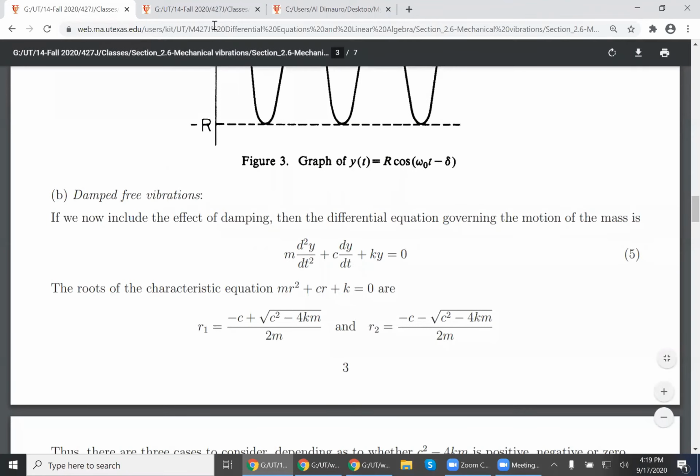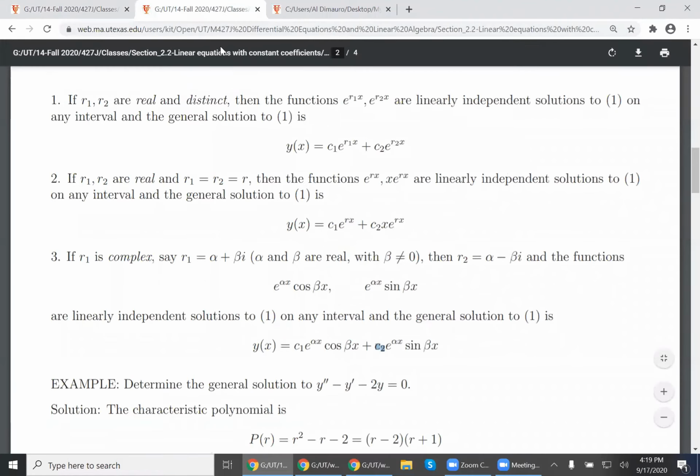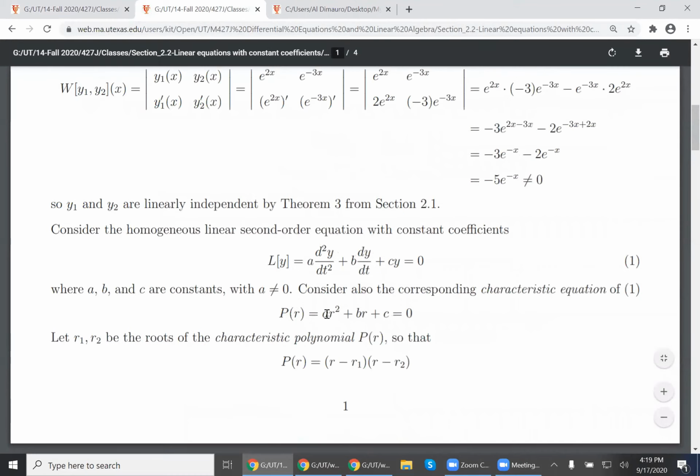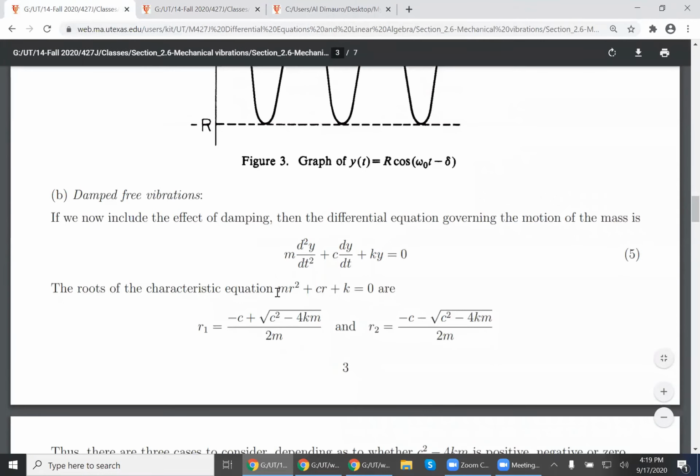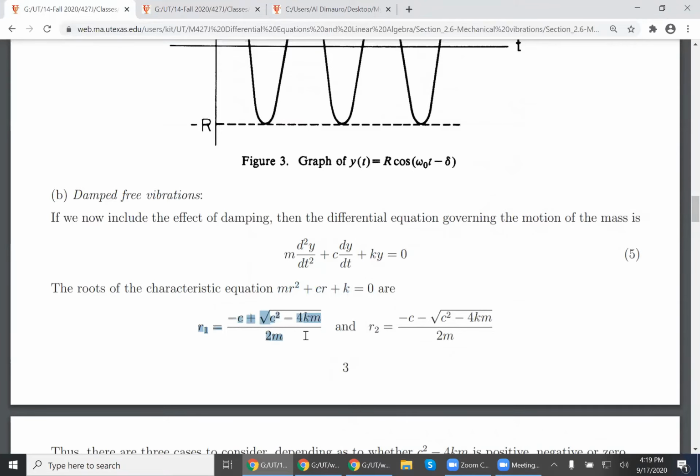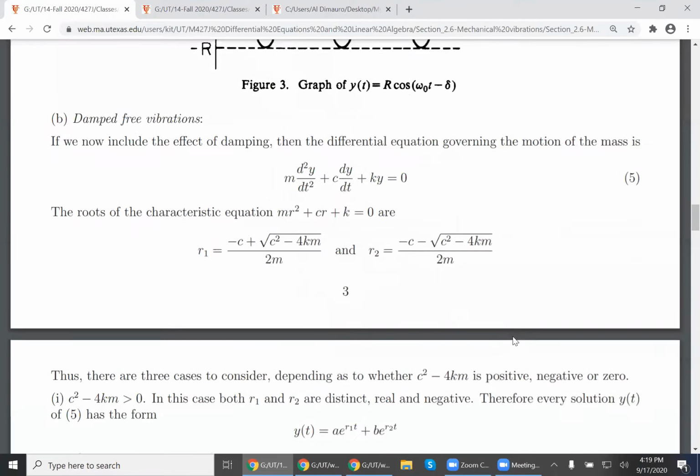How do we solve it? Again, we go back to section 2.2. Step 1, write down the corresponding characteristic equation. Done. We use the quadratic formula to find both roots. And now we distinguish 3 cases.